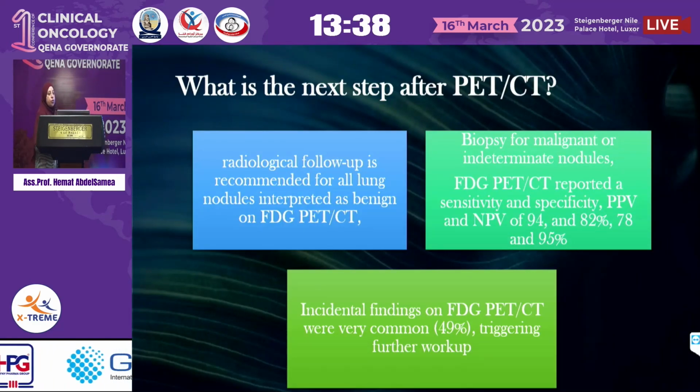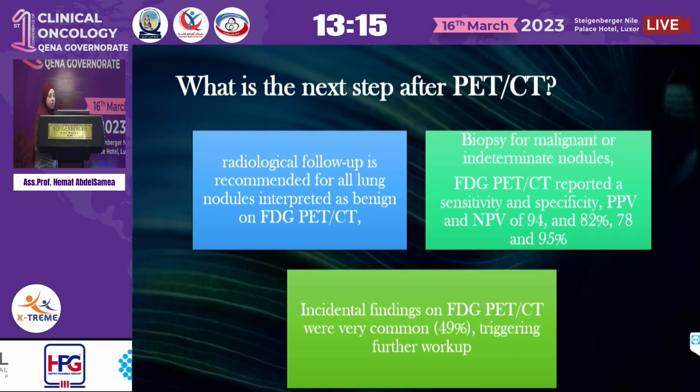The next step after detecting nodules on PET-CT: radiological follow-up is recommended for all lung nodules interpreted as benign on FDG PET-CT. A biopsy is recommended for malignant or indeterminate nodule with reported sensitivity and specificity of 94 and 82%.